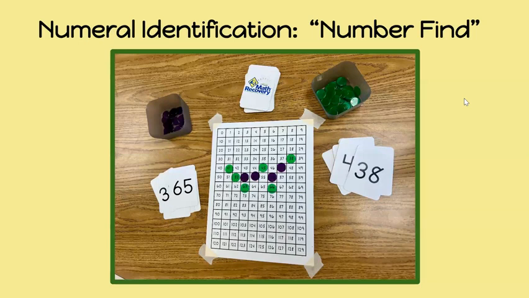I take that deck of 100 cards, pull out a number range that I want my student working within, and we practice saying those numbers left to right, unless they're teen numbers, the bane of my existence. We flip a card, say it, find it on the board, and be the first to try to get 3 in a row or 4 in a row, or however you want to play. So hopefully those ideas are helpful, and thanks for listening.